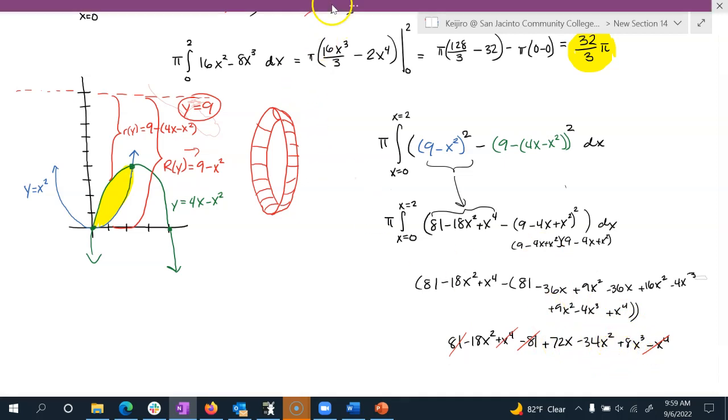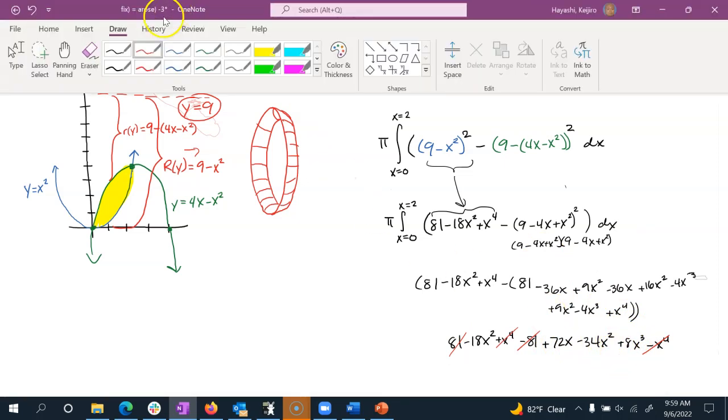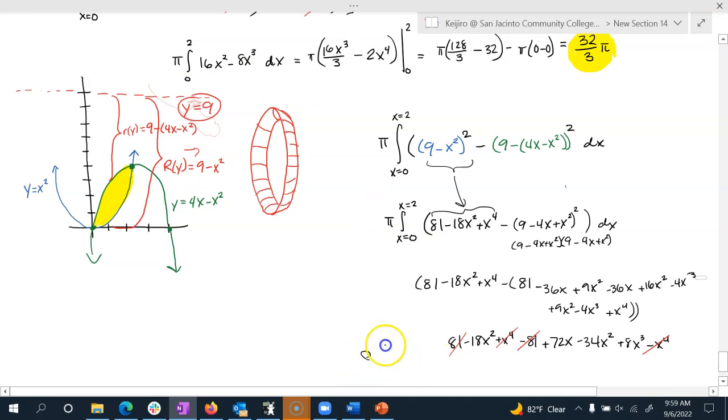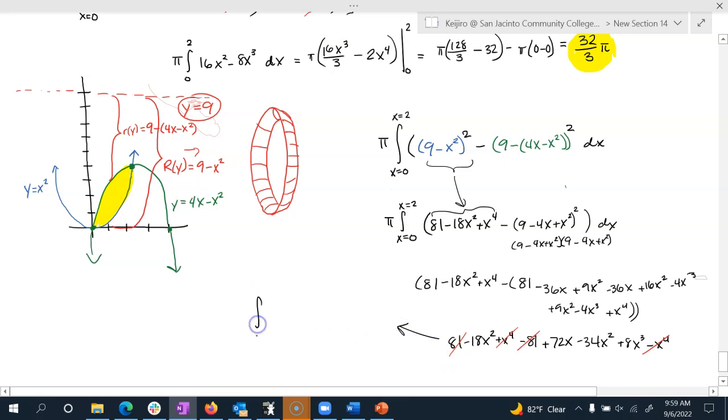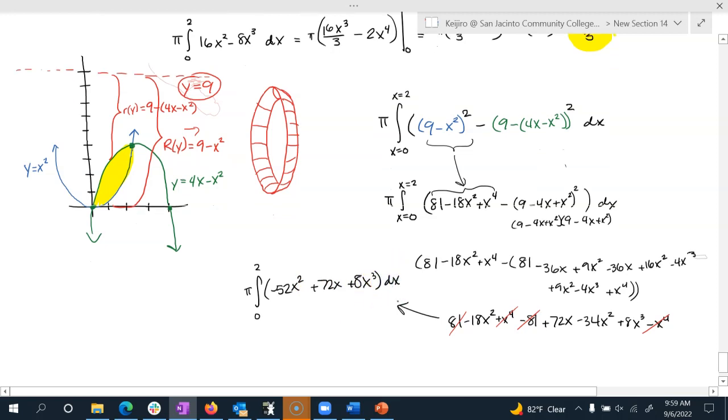I guess you could combine some of those things together. But anyways, this is the inside of the integral. So that's the integral from 0 to 2 with the pi of, if you combine these, negative 18 minus 34, 52, yeah, negative 52x squared plus 72x plus 8x cubed dx.